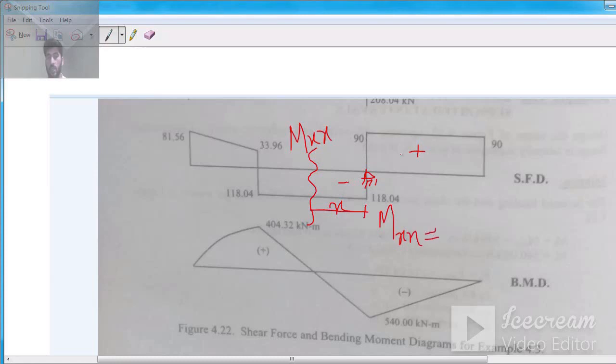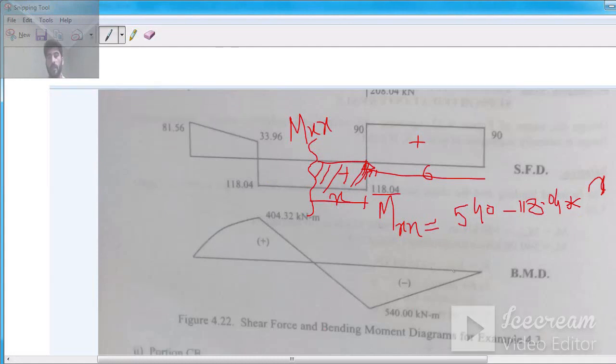This span is 6 meters, so it's 6 times 90, you get 540, and as this is negative, that's why negative, and then I have to multiply this 118.04 times that span. Remember this portion, not the whole portion, because x is varying, so times x. So that's why they write down this equation.